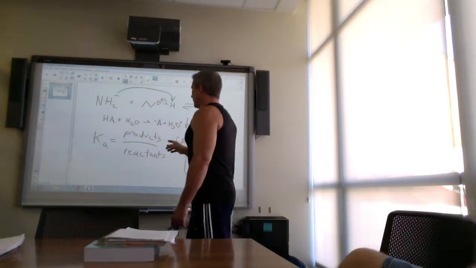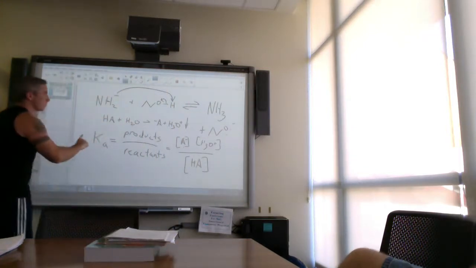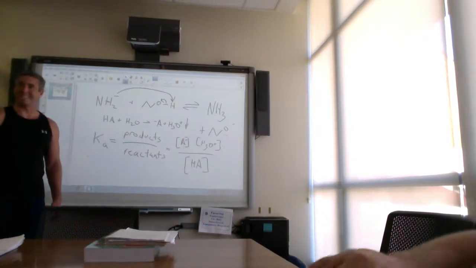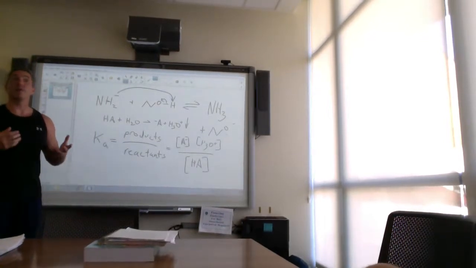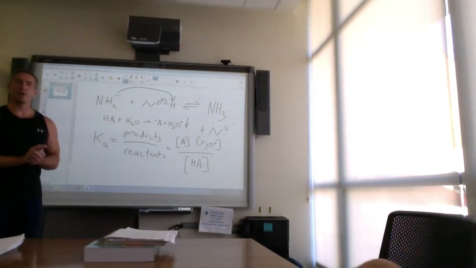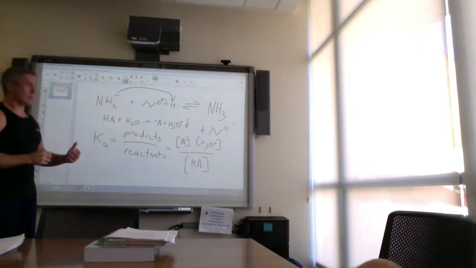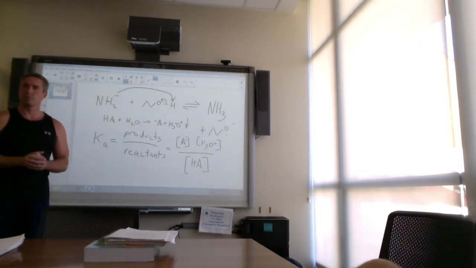As you look at this, Ka values can get really unwieldy. If you have a really weak acid, what kind of value of Ka would you expect? Do you think it'd be really big or really small?